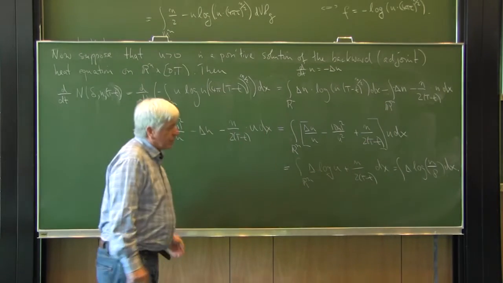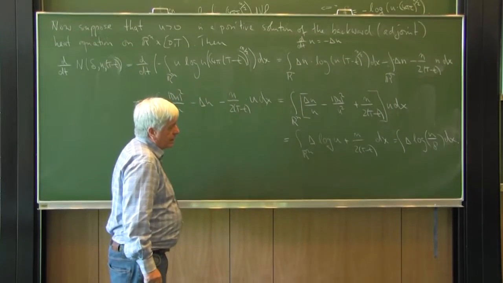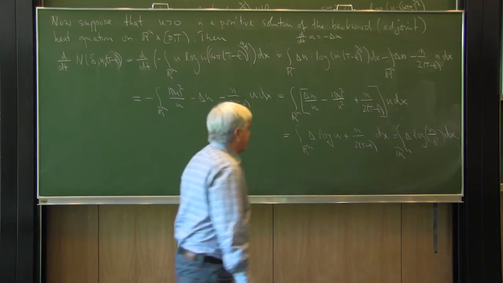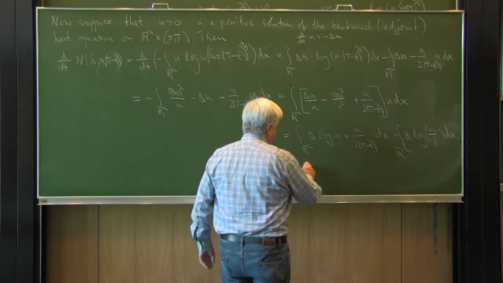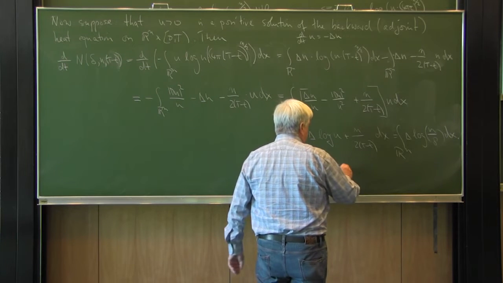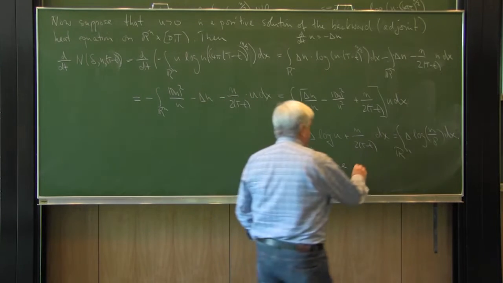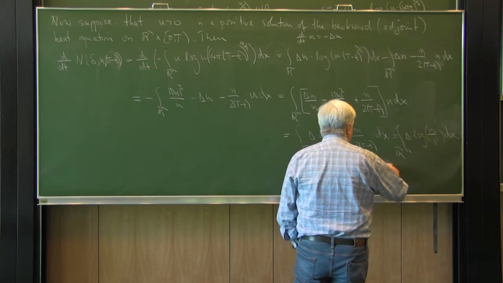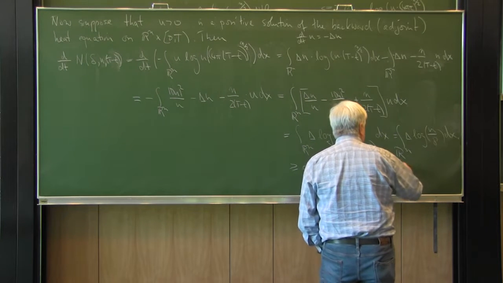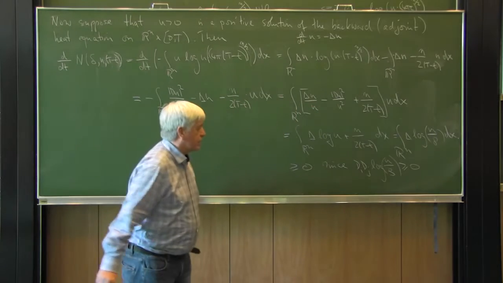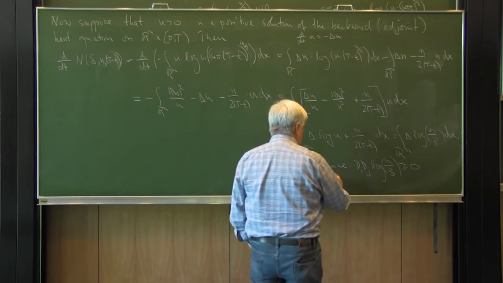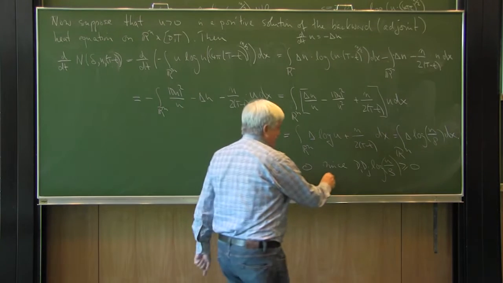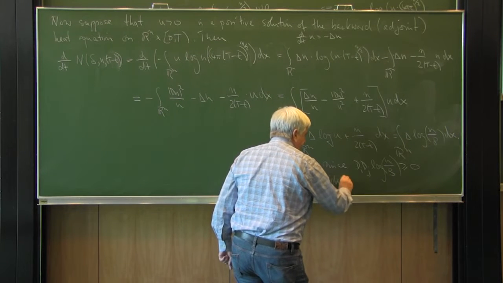And we've seen in another lecture of this course that this quantity is non-negative, since the Hessian of log u over rho is greater or equal to 0. Remember, this was part of the differential Harnack inequality.